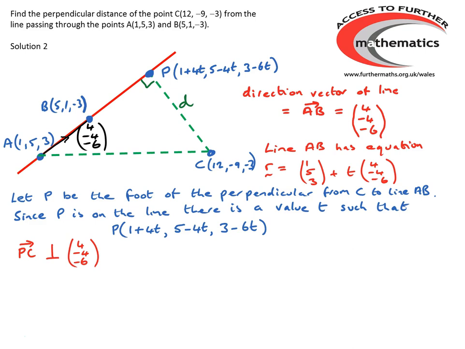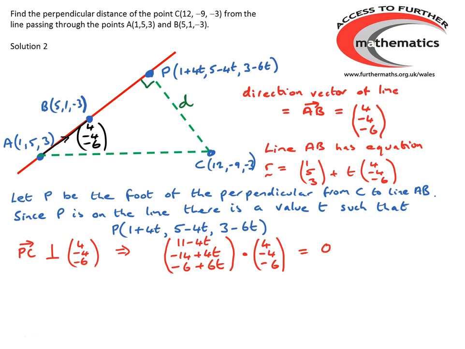We know that the line P to C is perpendicular to the line AB. In other words, the vector P to C must be perpendicular to the vector (4, -4, -6). Well, the vector from P to C, if I start at 1 plus 4t and move to 12, that in the x direction is a movement of 11 minus 4t.